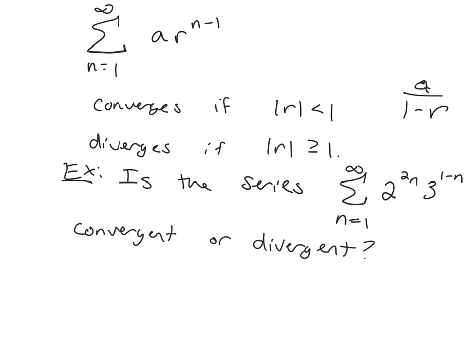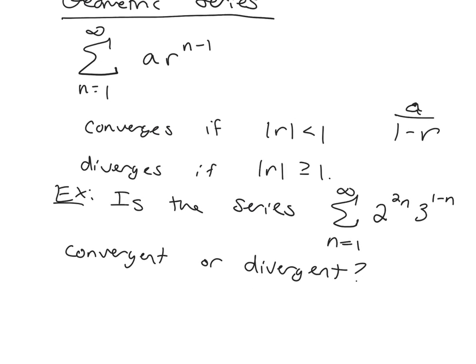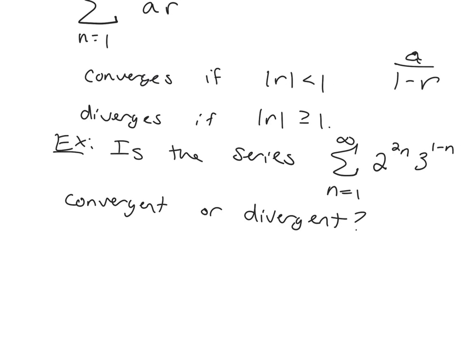So if you look at the way this series is written, it doesn't look like a geometric. To look like a geometric, I need to have a constant and I need to have a power of n minus 1. So right now, what I'm given in this problem does not look like a geometric series. So our goal, if we want to see it as a geometric series, is to rewrite it.